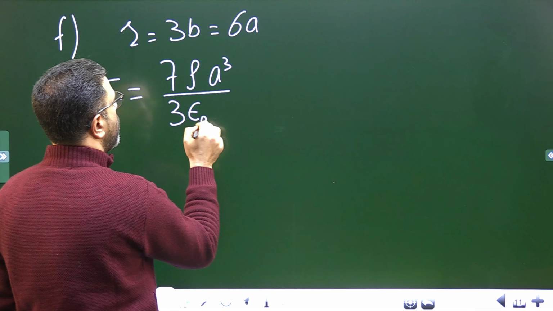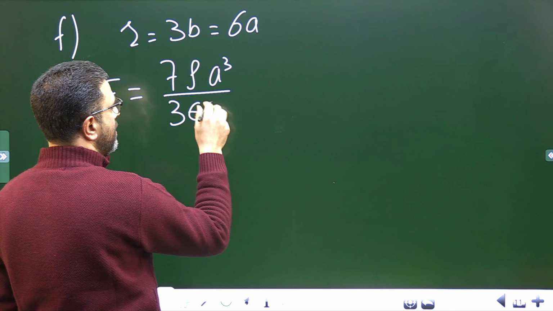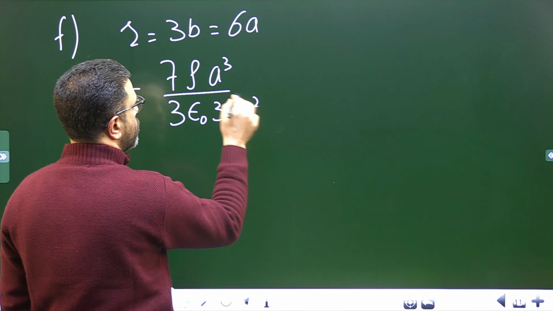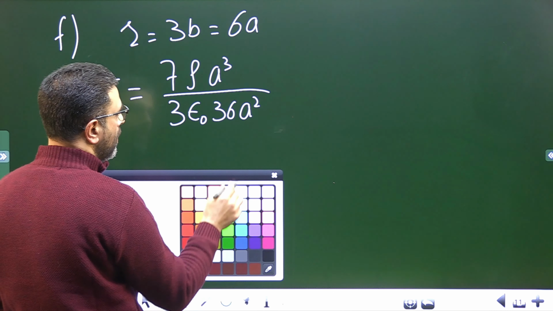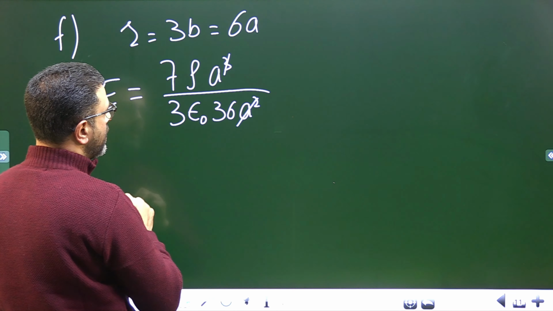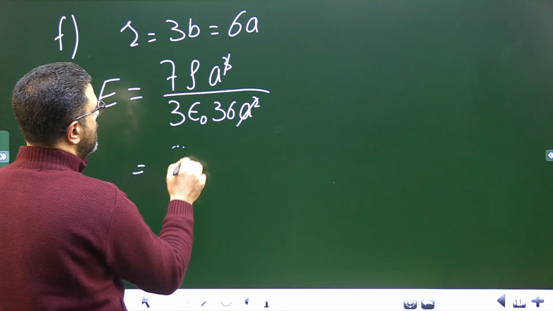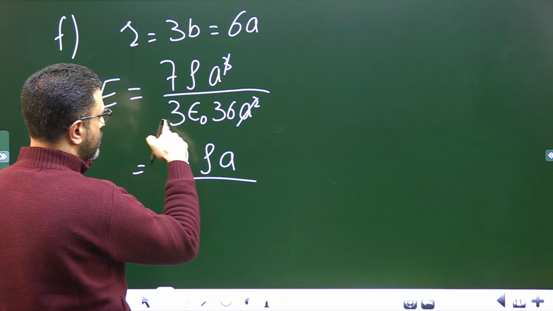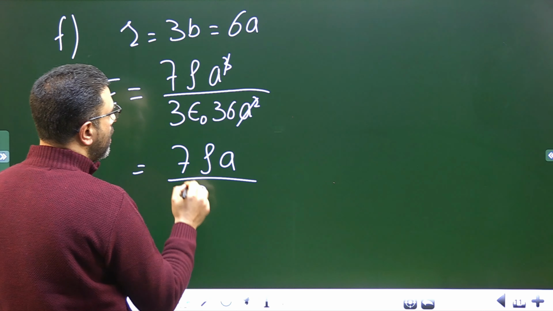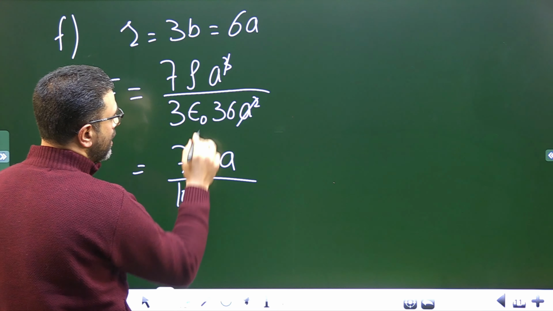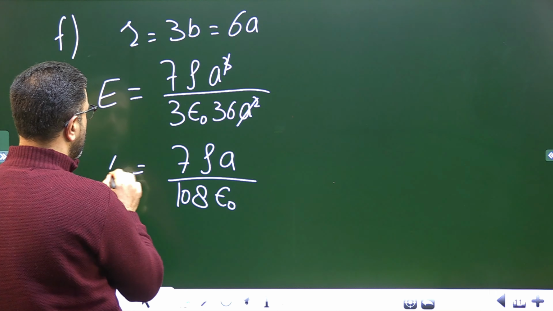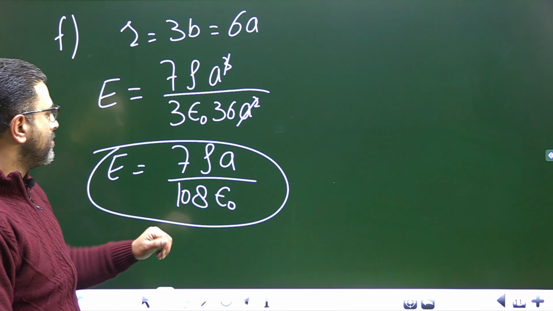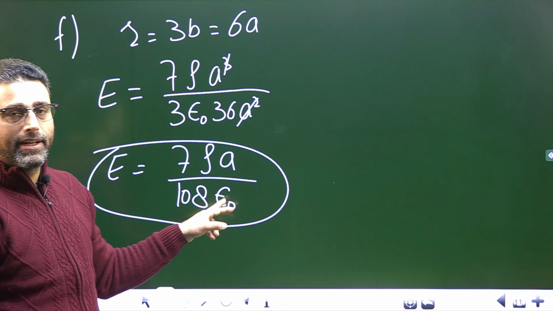Instead of r we have 6a squared, so 6 squared is 36 a squared. A square and a squared cancel out, so we have 7 rho a divided by 36 into 3, that is 108 epsilon 0. So this is our field at 6 times a or 3 times b: 7 rho a divided by 108 epsilon 0.